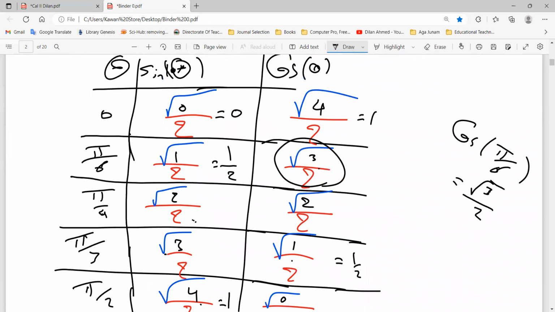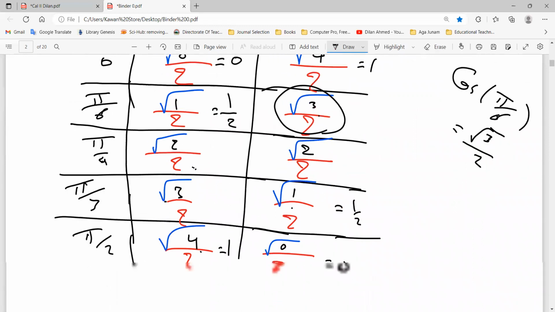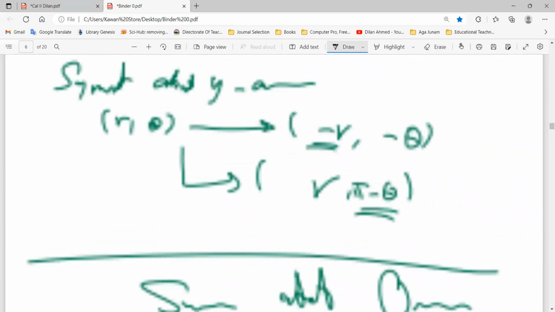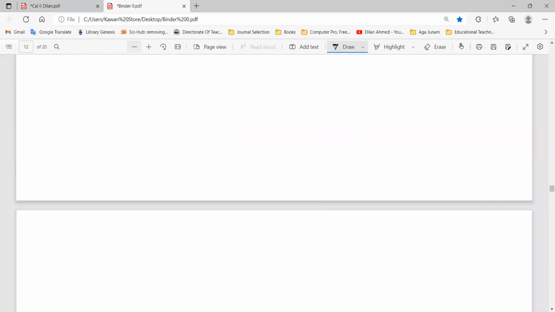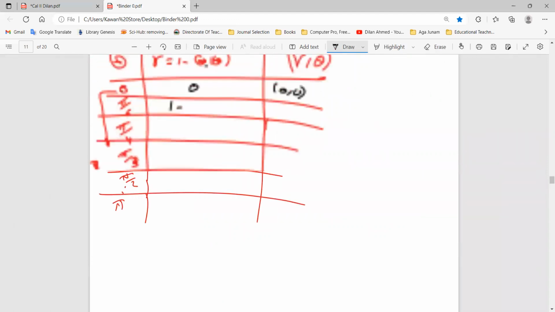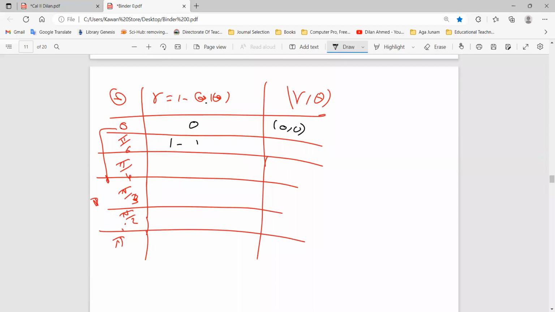Cosine, yes. So equal to what? 3 over 2, forget about it. Now pi over 6, and I don't know.